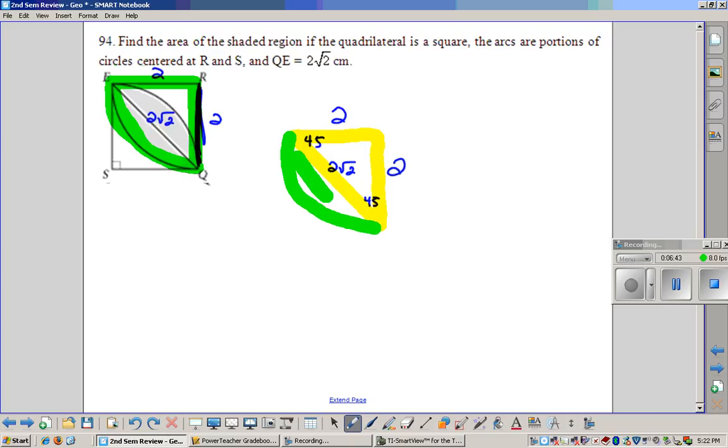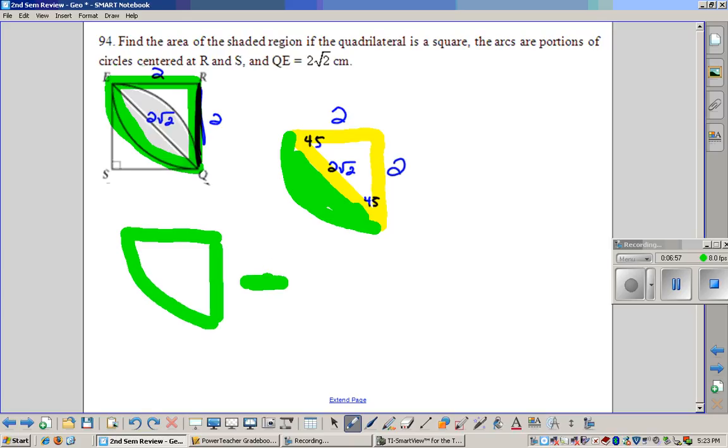So that's our radius. So what we have here is actually a sector. I'm sorry, a segment. This little sliver right here is what we need to find the area of, and then we'll double it. So what we're going to do is find the area of the sector, take away the area of the triangle.